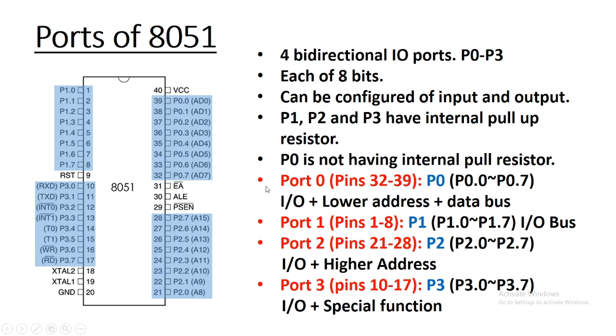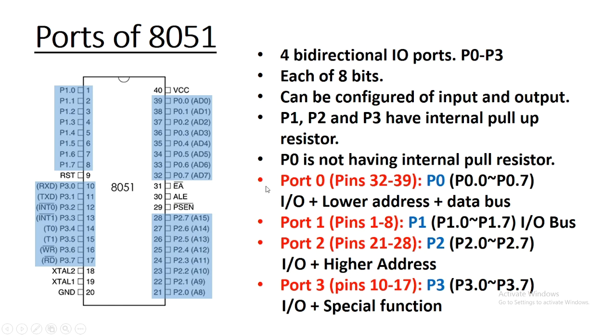Out of these 4 ports, P1, P2 and P3 have an internal pull-up resistor, so they don't require an external pull-up resistor to be connected, like the one there in port 0. Port 0 does not have any internal pull-up resistor, so an external pull-up resistor of 10 kilo ohm is connected to this port.